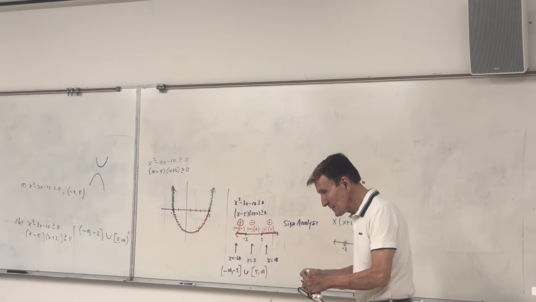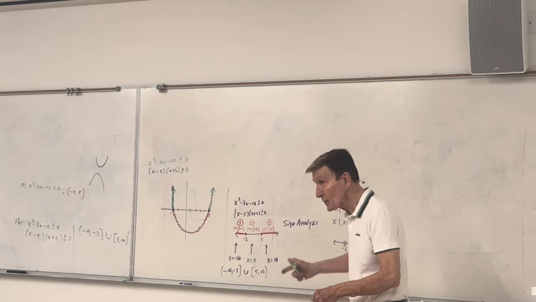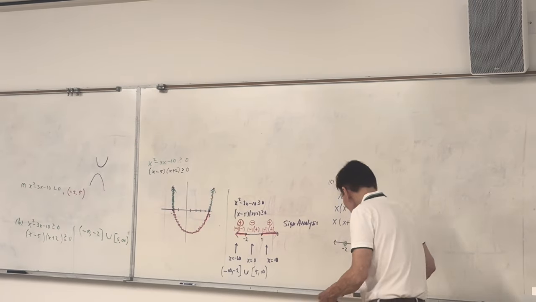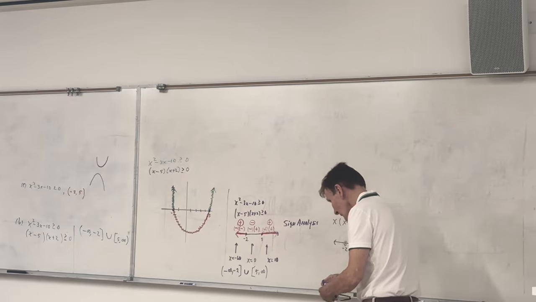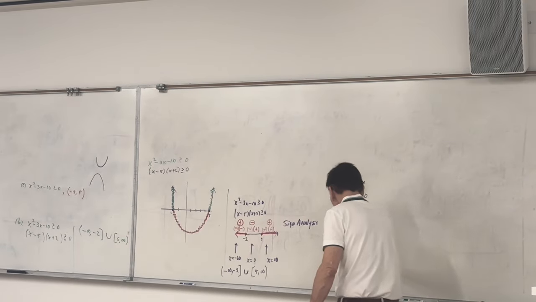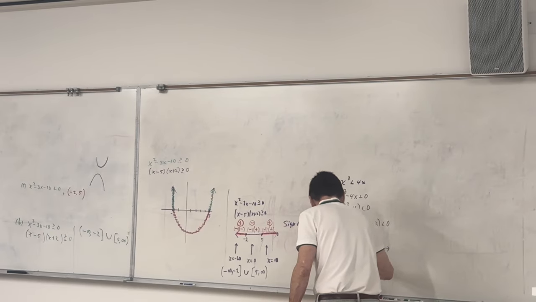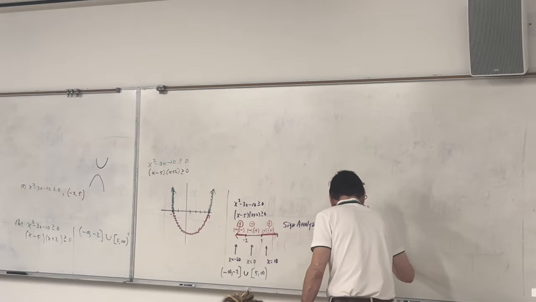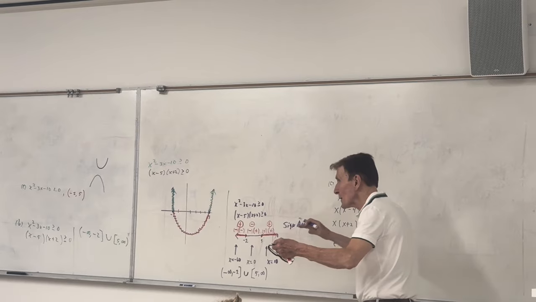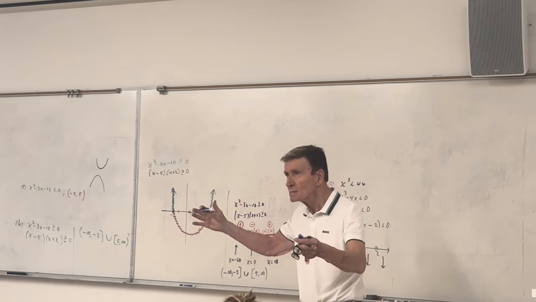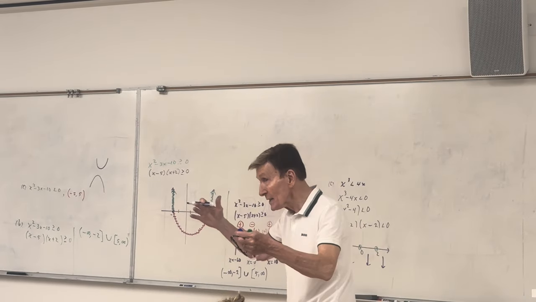Now you say, Professor, you call it sign analysis. I think you're going to do the same thing you did in the last one. That means I've got to test something in between, something in each interval, to see where to shade, and then we've got the answer. In those intervals, it's up to you.